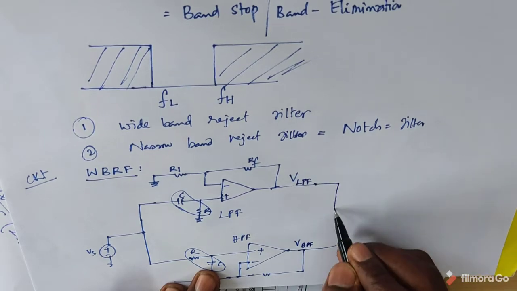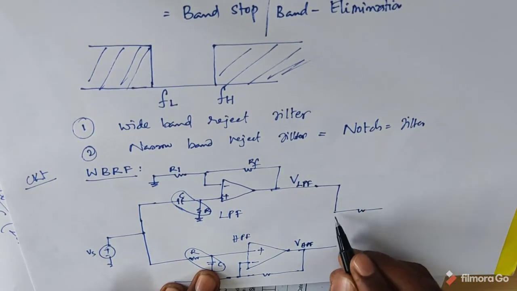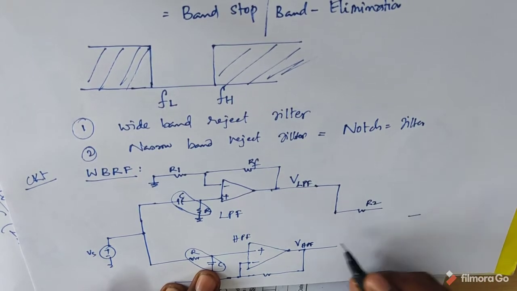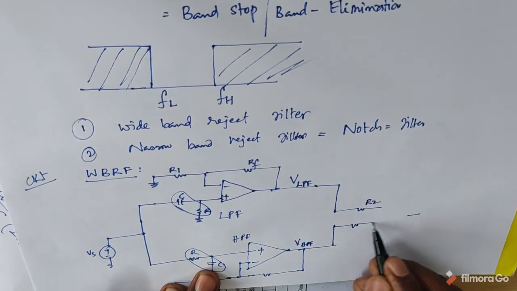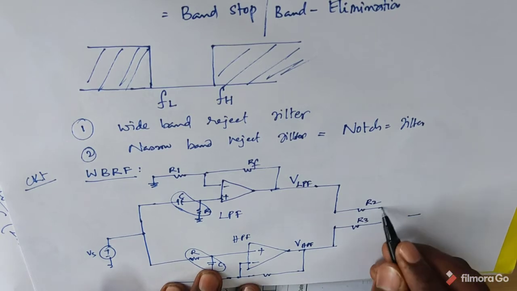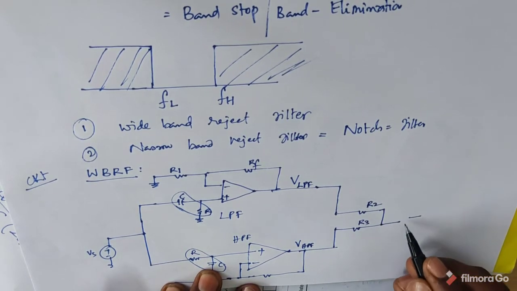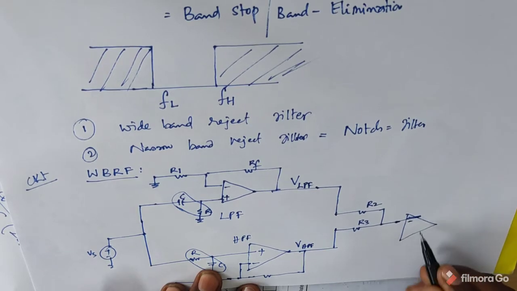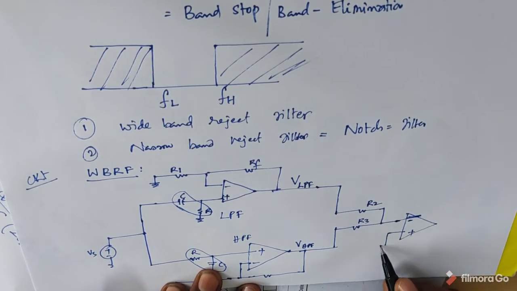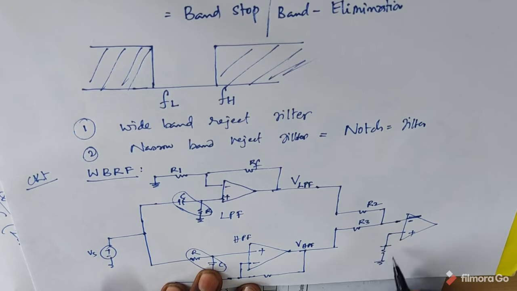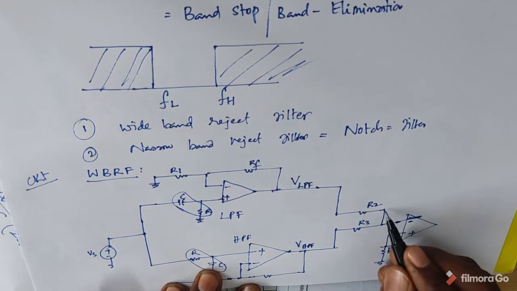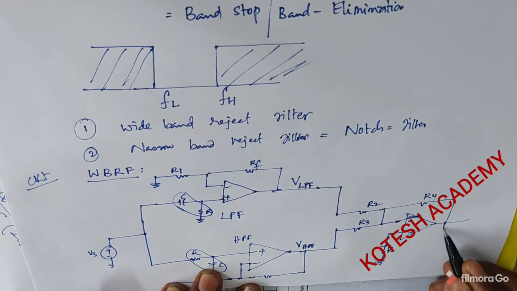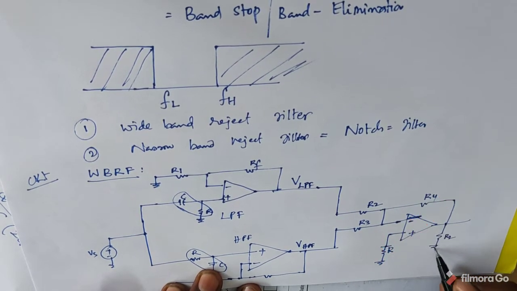Both outputs are connected to a summing inverting amplifier. That is the actual resistor R2, take one more resistor R3, and both are commonly connected to negative, and positive is connected to one resistor and connected to ground. Take one feedback resistor R4 and R2 value.